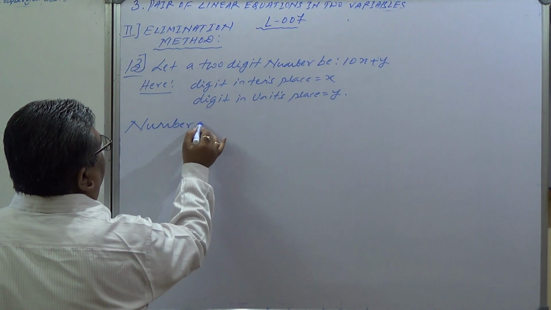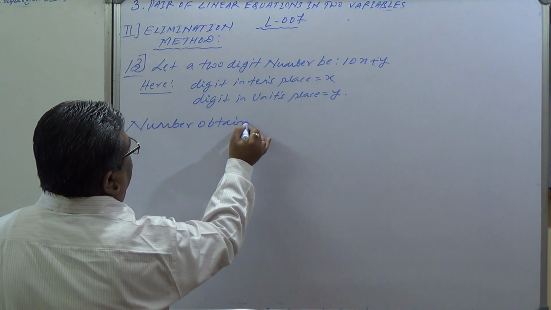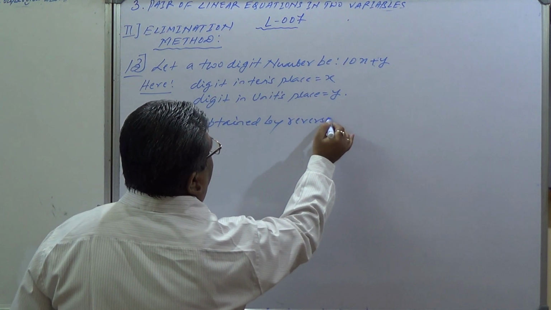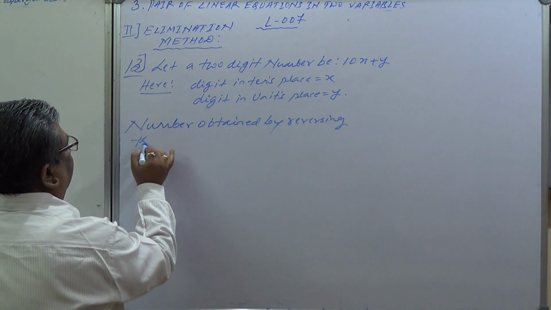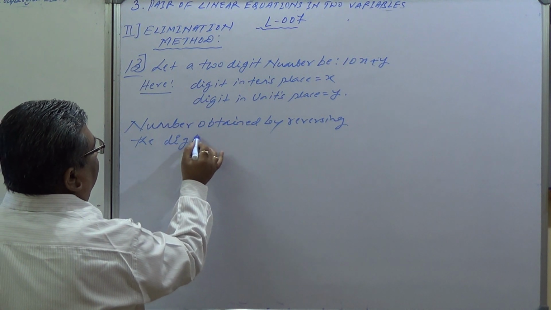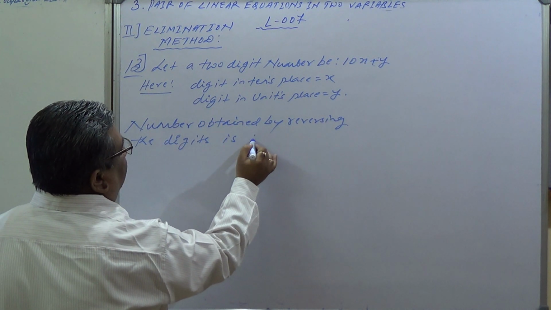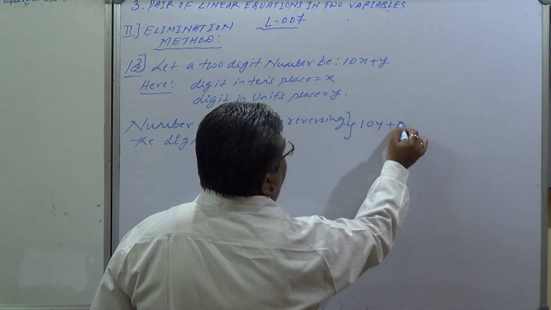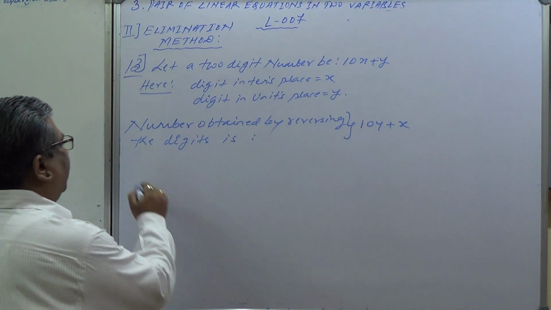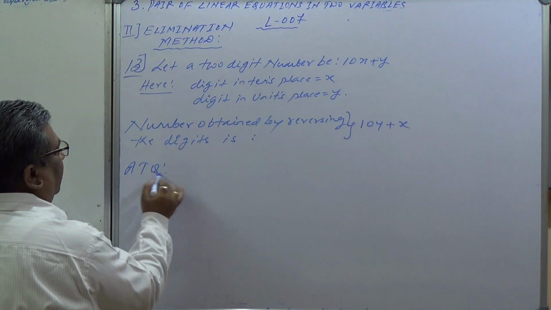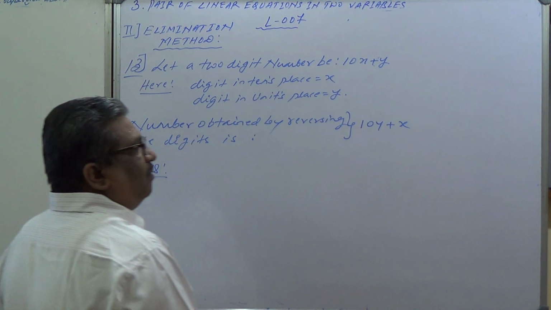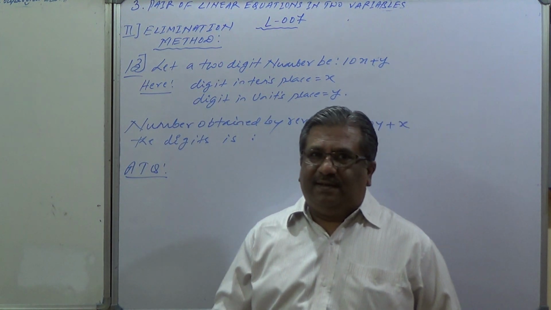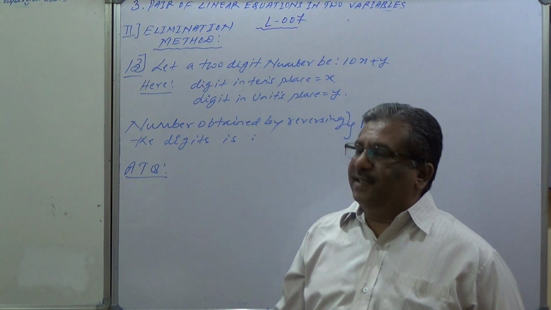Number obtained by reversing the digits is, what is that number? 10y plus x. According to the question, what he says, if I add these two numbers, I should get 66.